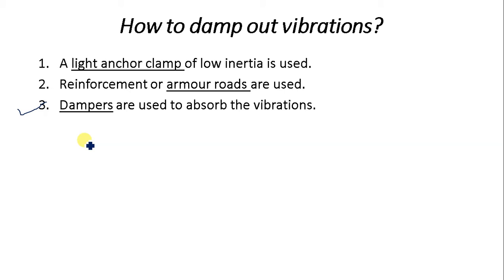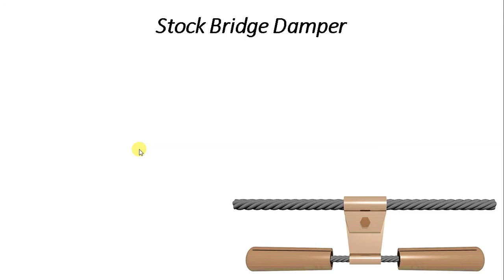The initial cost of the Stockbridge damper is higher, but the maintenance cost is very low. Another kind of damper is known as the bate type damper. Generally in India many transmission lines have bate type dampers, where the maintenance cost is very high but the initial cost is very low. In today's lecture we are only going to focus on the Stockbridge damper.